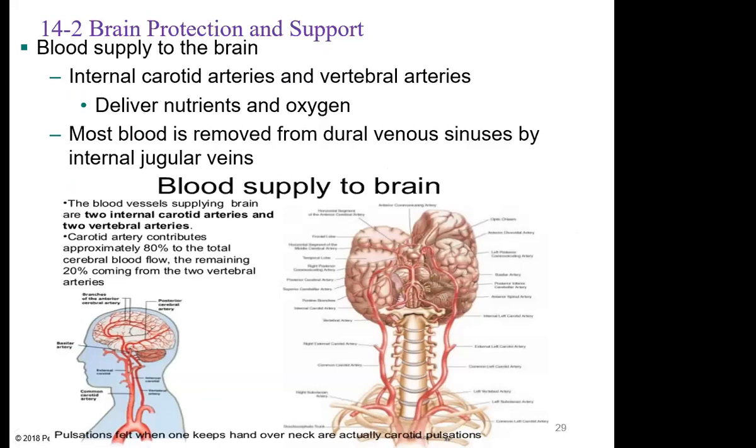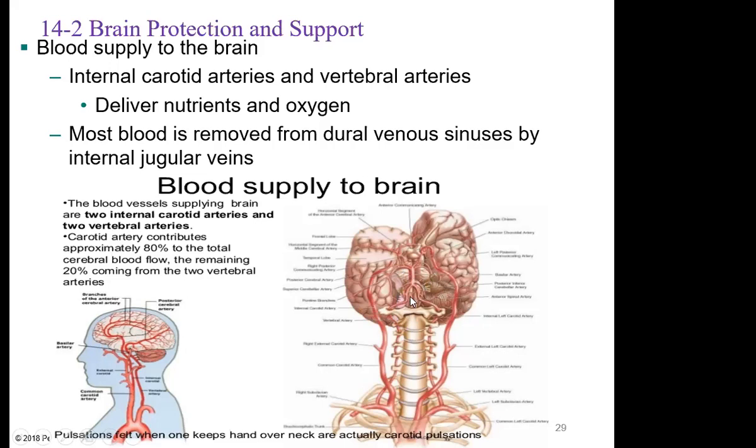And for the vertebral arteries, you will see as we get later on into 2402, they're very easy to identify because they run up the cervical bones within the spinal column. That's right here within the spinal column. So the internal carotid and the vertebral arteries are carrying the blood into the brain.